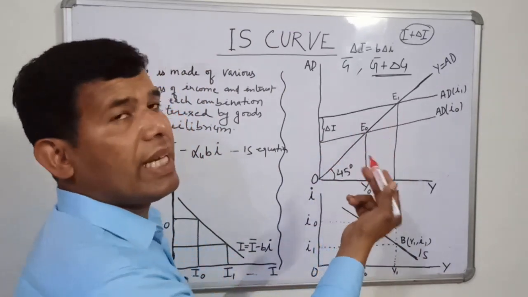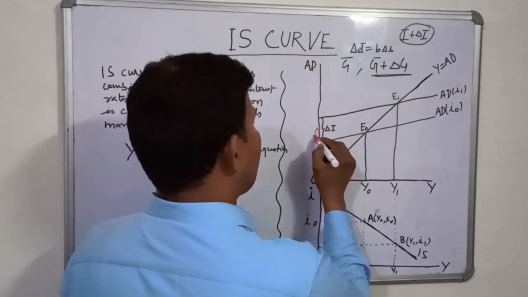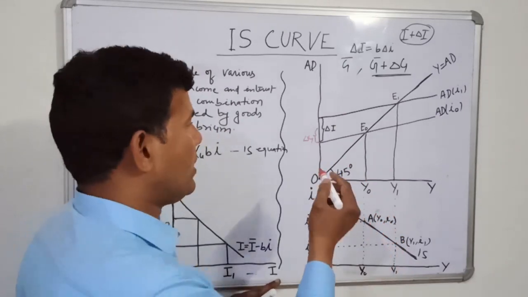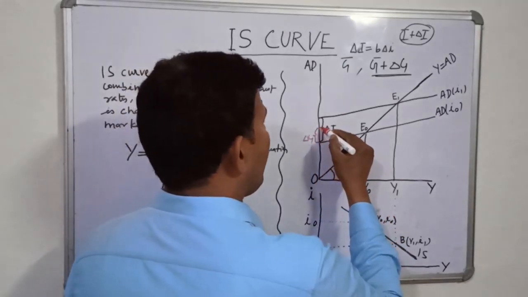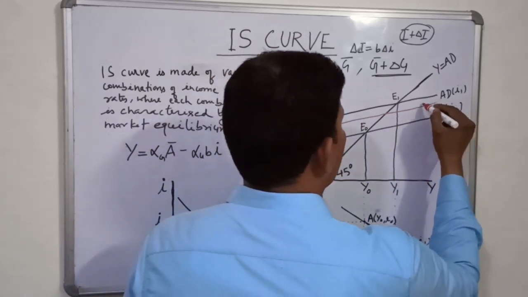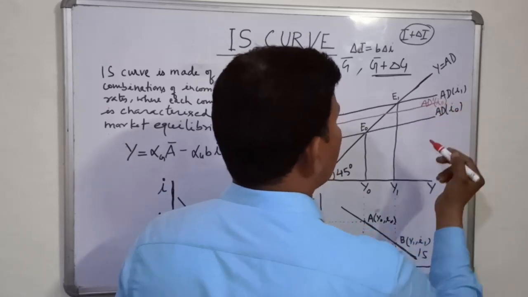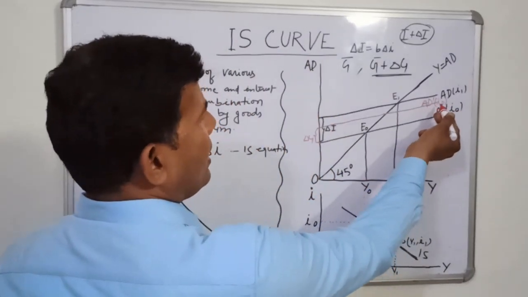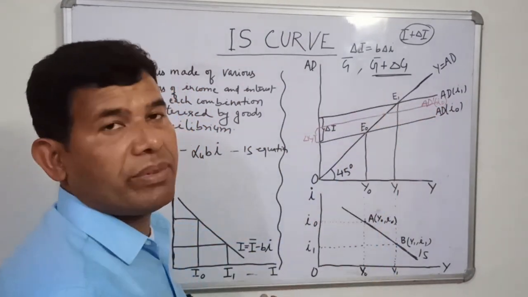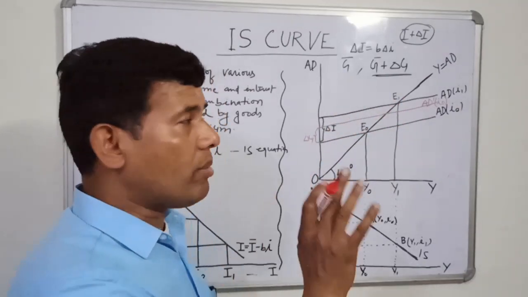It will shift up to the extent of the rise of government expenditure. So let us say this is the rise of government expenditure because of expansionary fiscal policy. What will happen? The aggregate demand line corresponding to I0, AD dash I am saying, would shift up, right? Why has this shift happened? This shift has happened because of the rise in government expenditure.